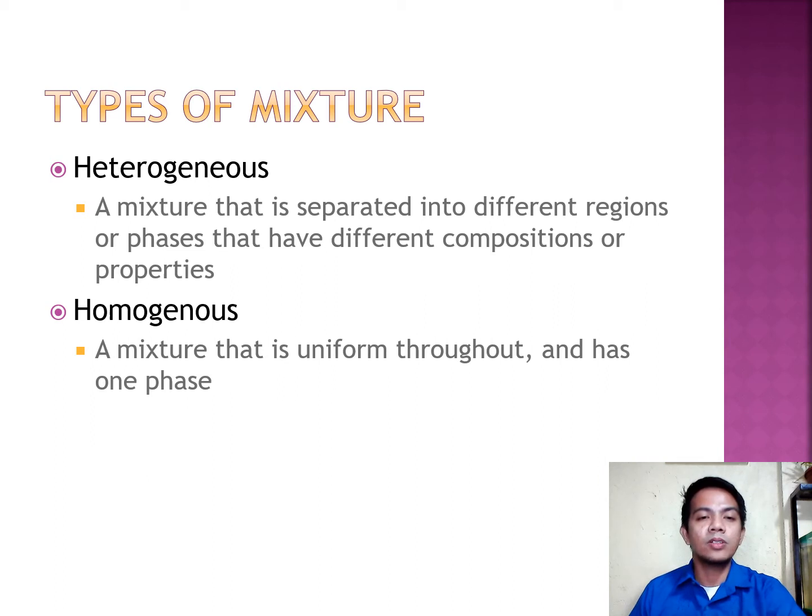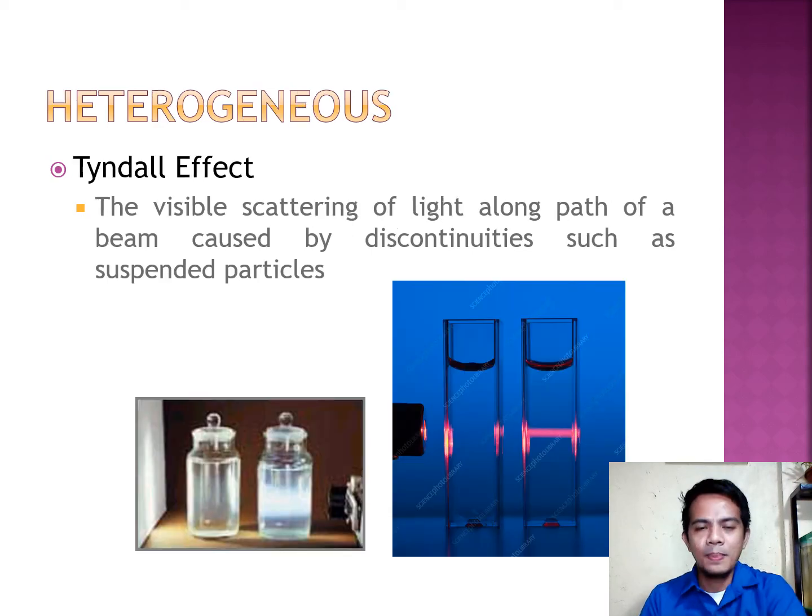Types of mixture are heterogeneous mixture and homogeneous mixture. A heterogeneous mixture is a mixture that is separated into different regions or phases that have different composition or properties. A homogeneous mixture is a mixture that is uniform throughout and has one phase.